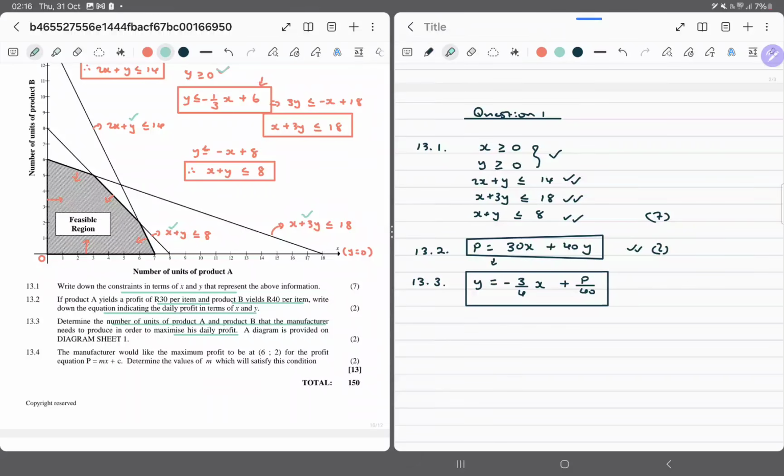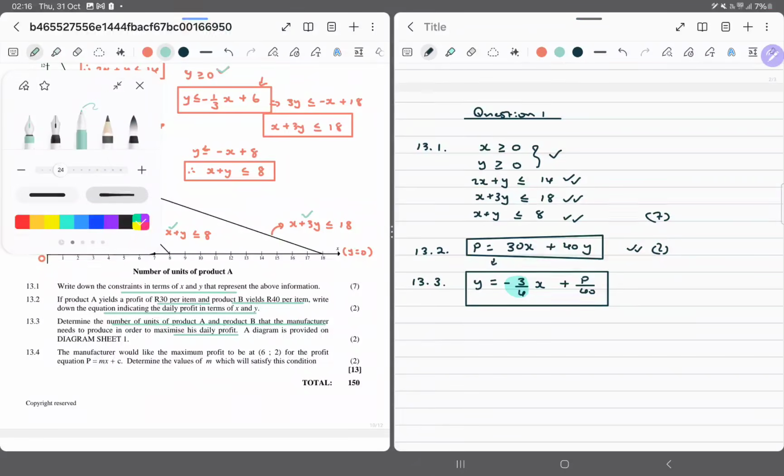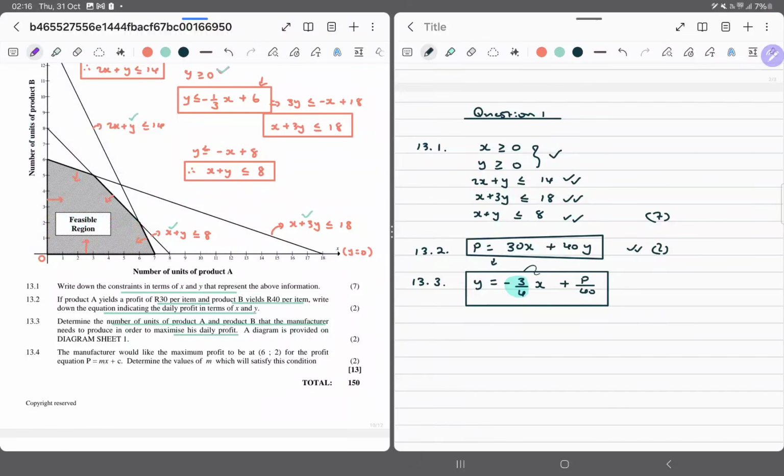Now once we do that, what are we interested in? The gradient. So we just go to the graph and draw any gradient that matches this. Minus 3 over 4, that would mean this could be 3 going to 4. Right. And then this is what you draw. You draw a line here with a ruler, a dotted line usually.